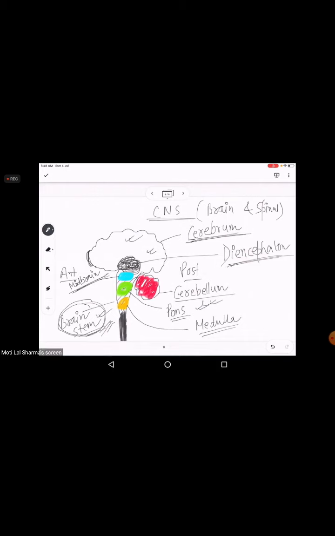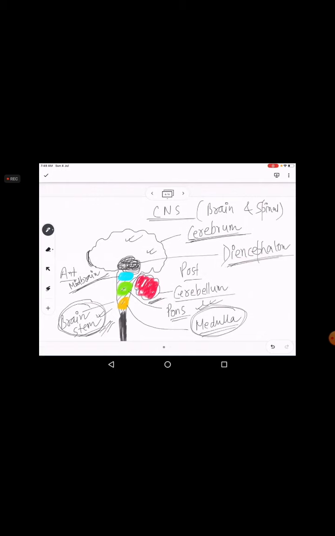The brainstem has how many parts? Three. The topmost part of the brainstem is the midbrain. Below that is the pons, and below that again is the medulla. So among all these parts, which part of your brain is the lowermost? The answer is the medulla oblongata. That is the lowermost part. And behind the brainstem there is the second largest part, the cerebellum.